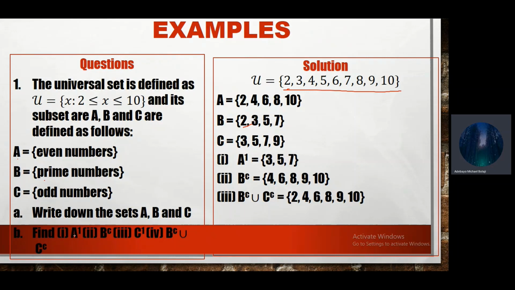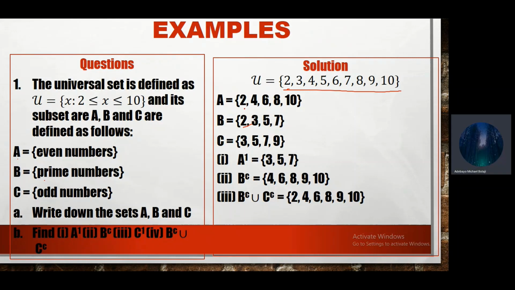The second says we should find A complement. So A complement refers to those elements in the universal set but not in set A. Is that okay? Elements in set A are 2, 4, 6, 8, 10.